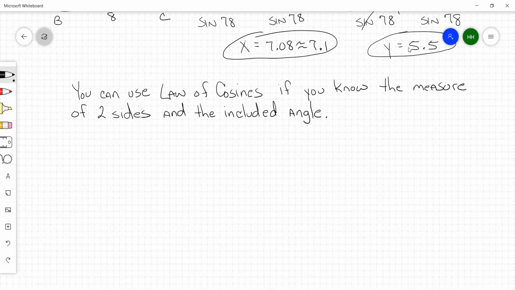Two sides and the included angle. This one's a little more lengthy.